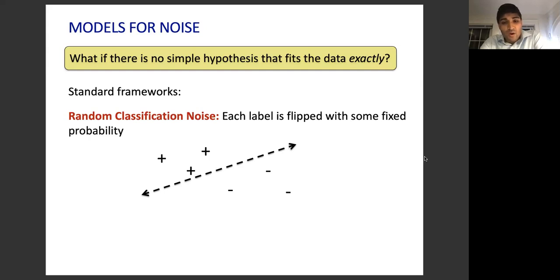The way that this works is it's the same as the PAC learning model. You take a bunch of samples X, and then they're each labeled with a label according to some unknown hypothesis. But the catch is that before you see the actual label, you flip each of the labels independently with some fixed probability, say 1/3. And now you're in this situation where there's no longer something simple like a half space that perfectly fits your data.